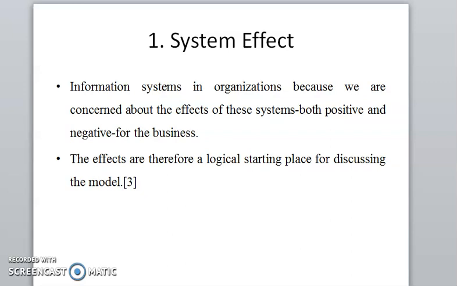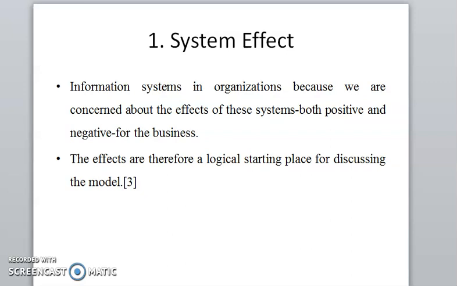Now, what is performance? Performance in the figure is indicated by the dollar sign. It includes such bottom line results as profit, gross revenue and market share. For some firms, quality, service, and customer satisfaction are also considered performance effects.